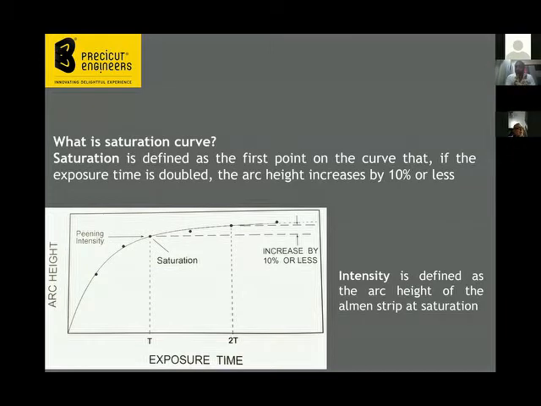Basically, it is a point where we have achieved our required arc height, and by doubling this time, the change in the intensity is going to be within the 10% range. So basically now what we have achieved is a stable curve exponentially. So irrespective of change in cycle time or increase in cycle time beyond this point, the deviation in arc height is going to be within that 10% band, which is allowable by the standards.